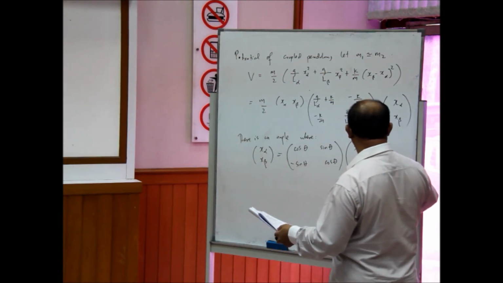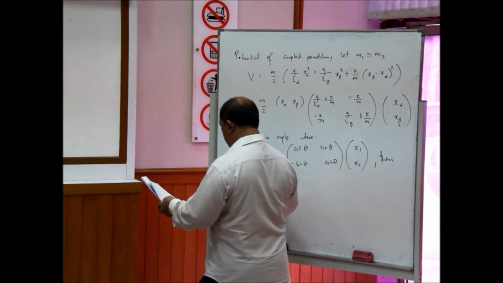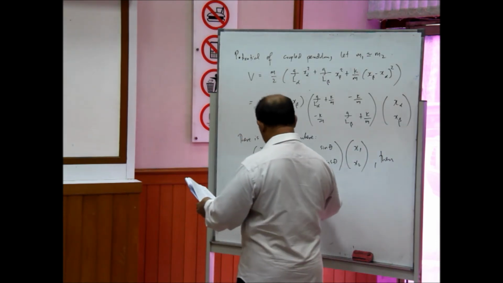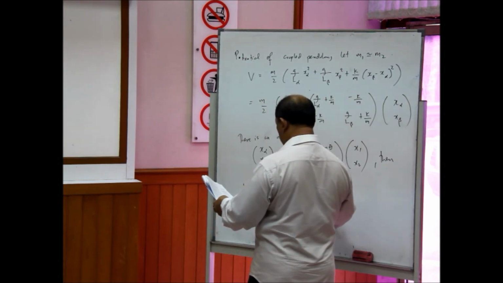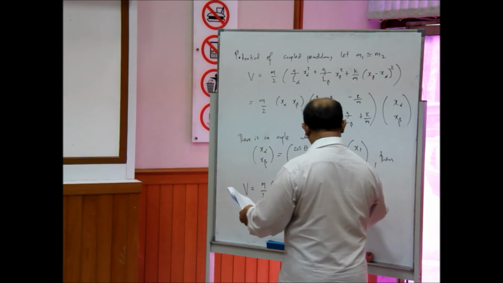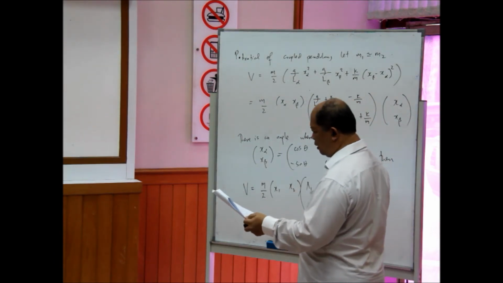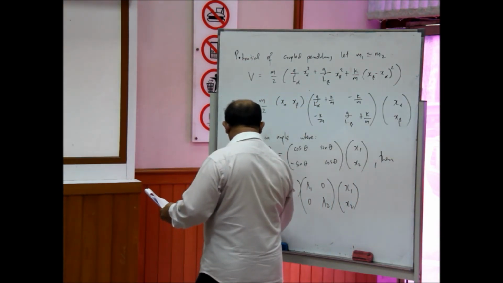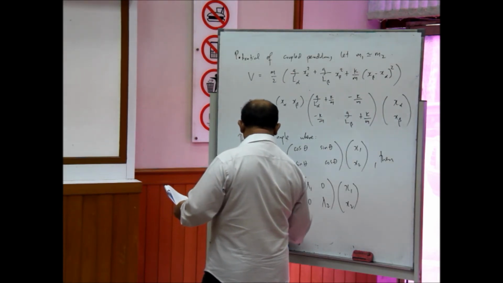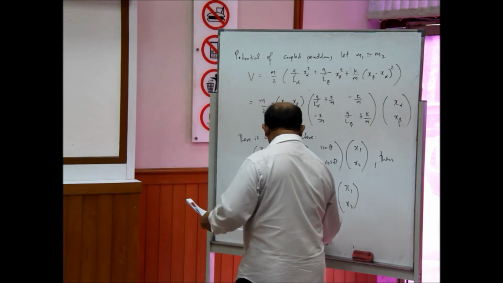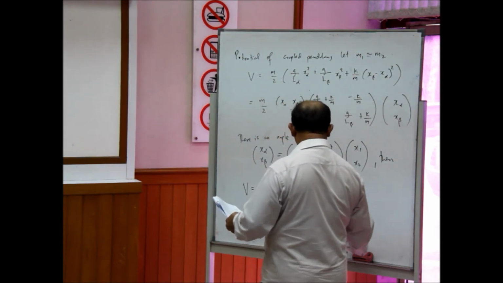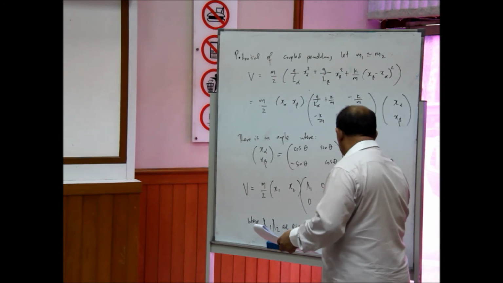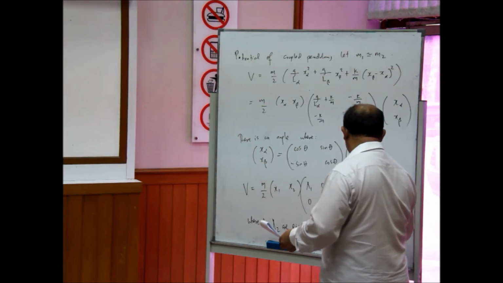Then you rewrite the potential of interaction as m over 2 x1, x2, with lambda 1, 0, 0, lambda 2, x1, x2, where lambda 1 and lambda 2 are the eigenvalues of the matrix.